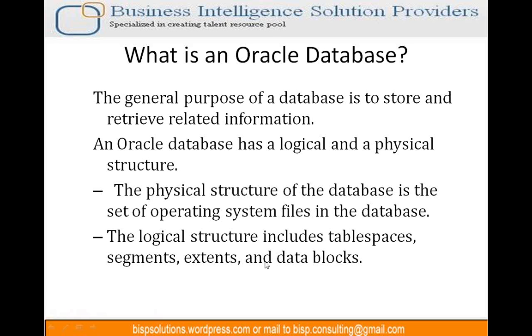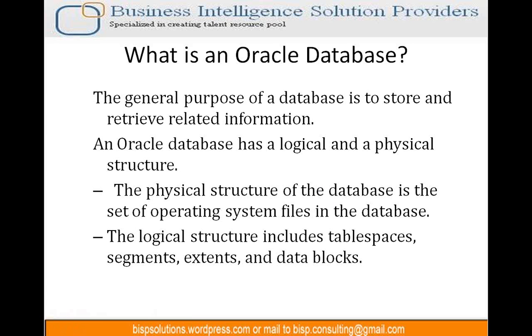And logically, how do we interact with this physical file data? Remember that there is a rule of a database. These were the rules given by E.F. Codd, who came up with the relational concept. One of the rules basically said that we will not directly interact with the physical structure. There has to be a logical structure of the database, and the changes will be made at the logical level, which in turn will change the data at the physical level.